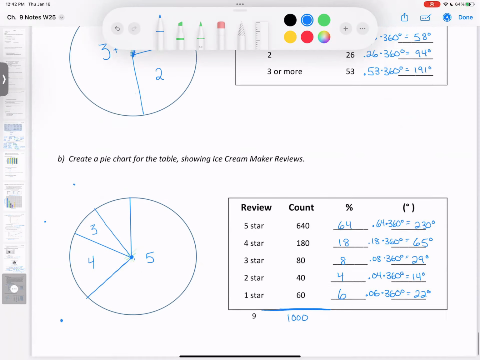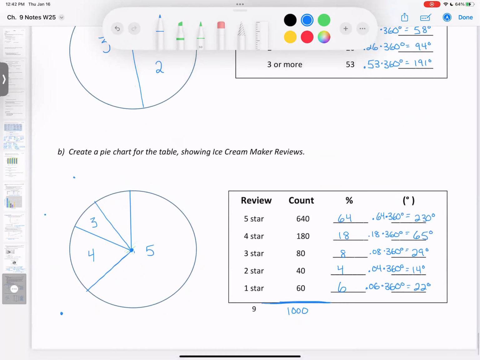Then 14 degrees for our 2 stars. Okay, and it might have been more logical to start at 1, so this graph went around 1, 2, 3, 4, 5, but this way works too. So 14, oops. So very small wedge for 2-star reviews.